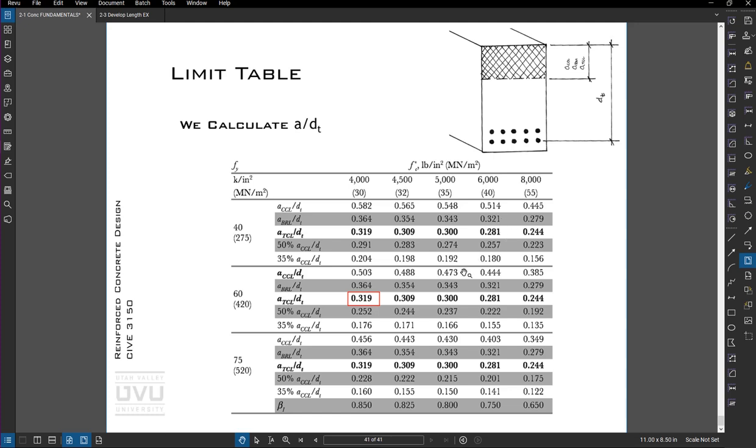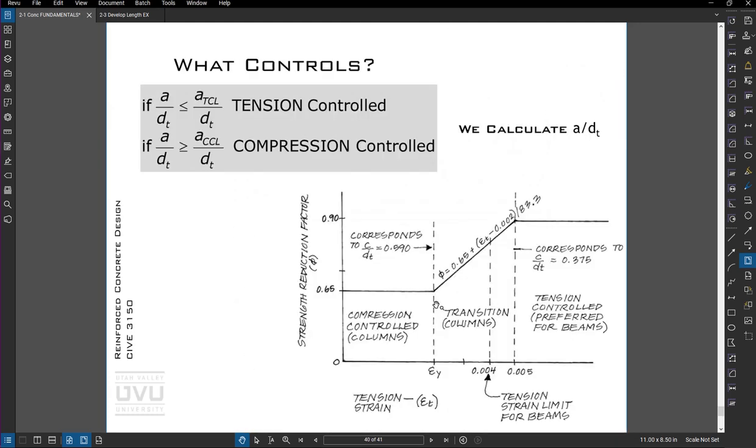So just to kind of reiterate, you'll calculate a divided by dt, and then depending on your strength, you'll have different values that a over dt needs to be below in order to be tension controlled. And then if it's not, so here's our tension controlled phi factor of 0.9.